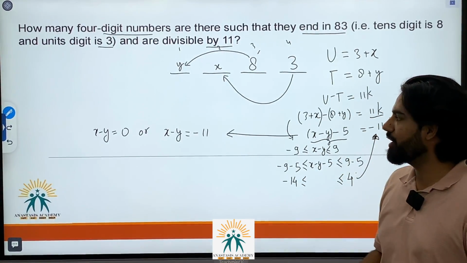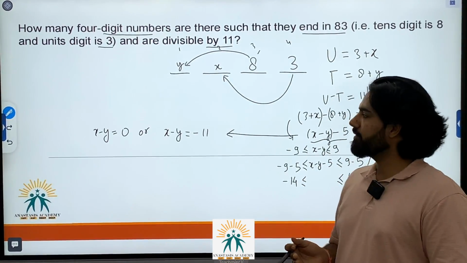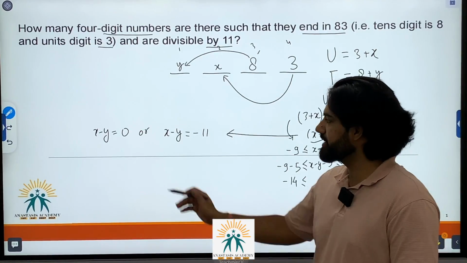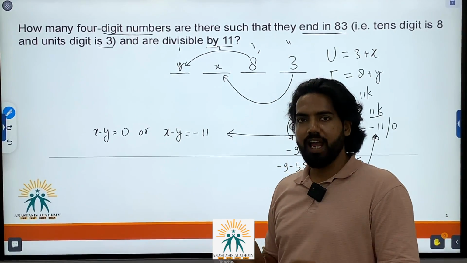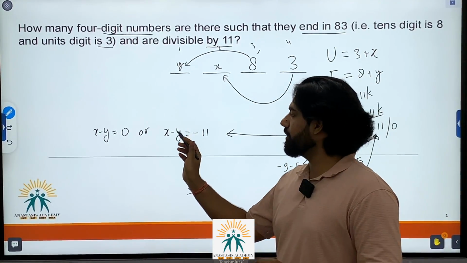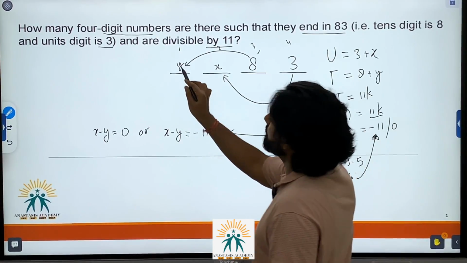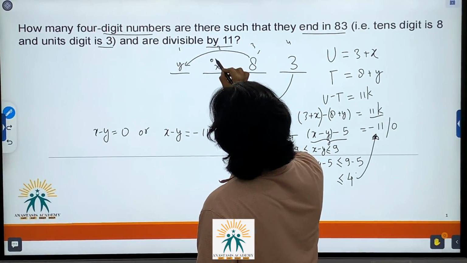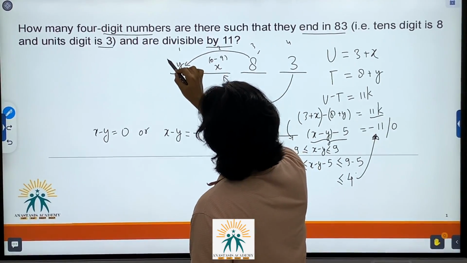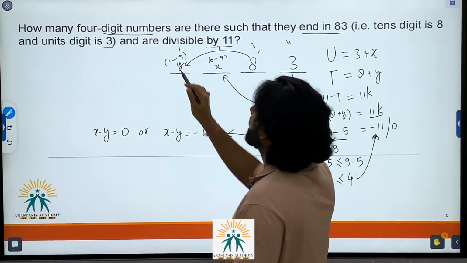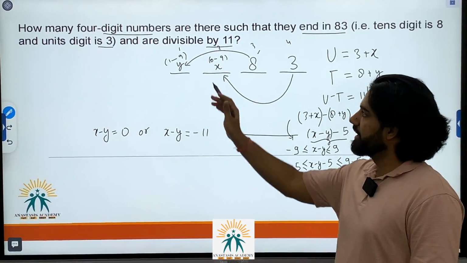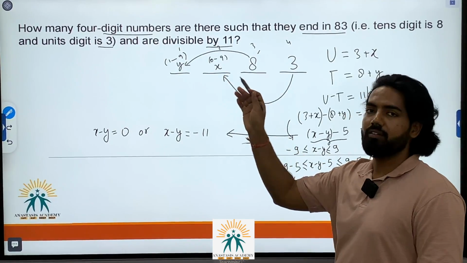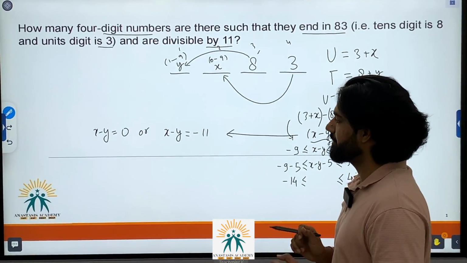We have to find integral solutions for these two equations, where x can be from 0 to 9 and y can be from 1 to 9. y cannot take the value 0 because in that case this number would not be a 4-digit number, right?